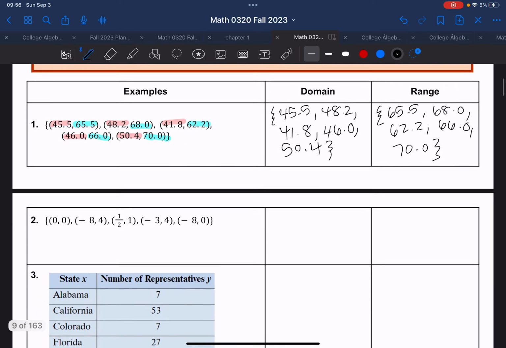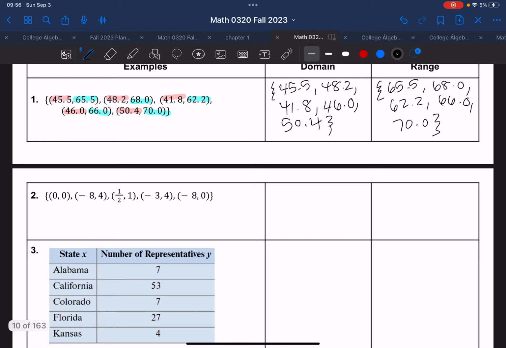Okay. So for example 2, we're going to do the same thing because we have another set of coordinate points, x comma y. So first we're going to look at all of the first values because those are our x's. So we have 0, -8, 1/2, -3, and notice how we have a second -8. When we're writing the domain and range, we do not need to repeat numbers.